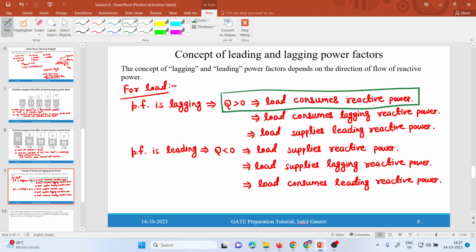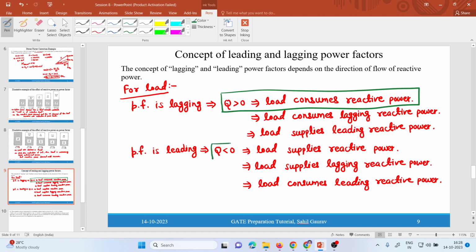If nothing is written, that means you have to consider lagging reactive power only. And if you want to write it in the supply form, then change the sign, and it becomes the load supplies leading reactive power.